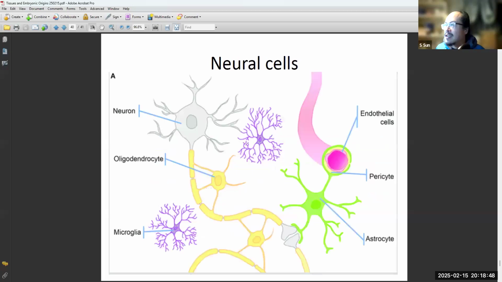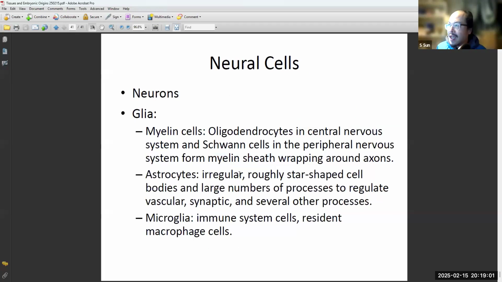So here, let's go back to here. This is the nerve, and this is the axon, and the myelin sheath is wrapping around the axon. So that's myelin cells. It's also very important to know that there are two types of myelin cell, oligodendrocytes and Schwann cells. Oligodendrocytes are the myelin cells in the central nervous system.